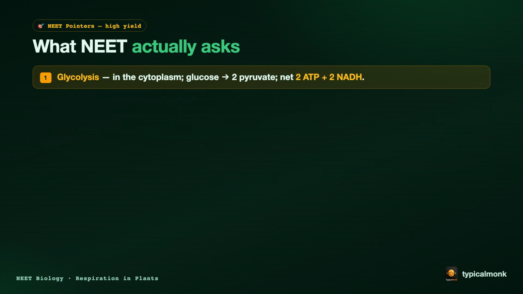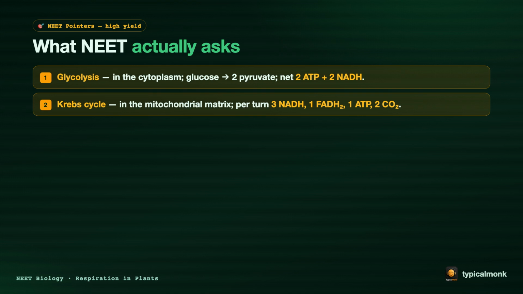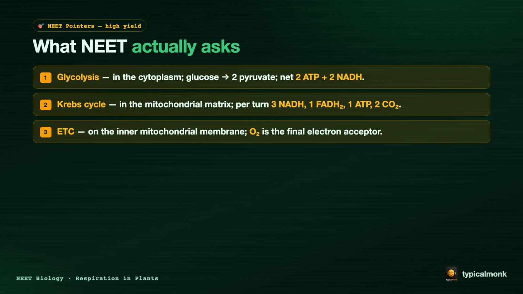Now, the high-yield pointers, the facts that NEET turns into questions. 1. Glycolysis happens in the cytoplasm. Glucose becomes 2 pyruvate. The net gain is 2 ATP and 2 NADH. 2. The Krebs cycle runs in the mitochondrial matrix. Each turn gives 3 NADH, 1 FADH2, 1 ATP, and 2 carbon dioxide. 3.